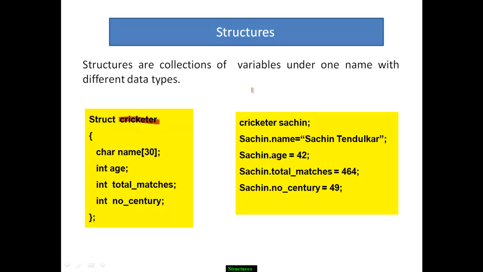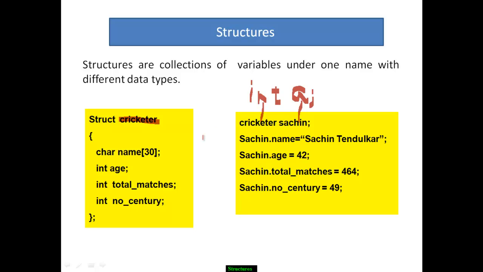Normally you would define int A. So int is a predefined data type, and for that we are creating one variable called A. Similar to that, instead of int I have the data type called cricketer, and instead of A I have the name Sachin. So Sachin is a cricketer, or an object of the structure cricketer.